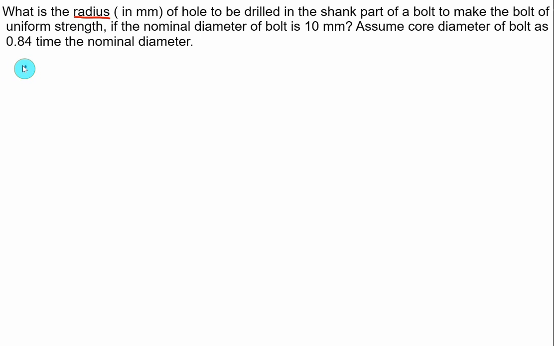So the nominal diameter D is equal to 10 mm, and the core diameter is 0.84 multiplied by 10, which equals 8.4 mm.